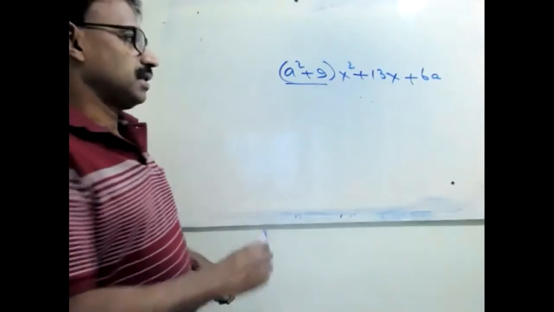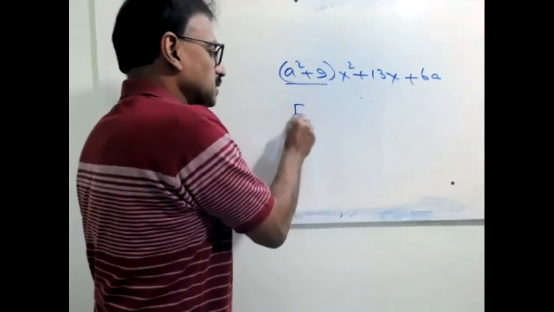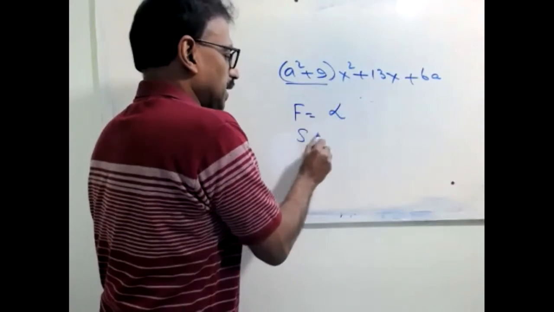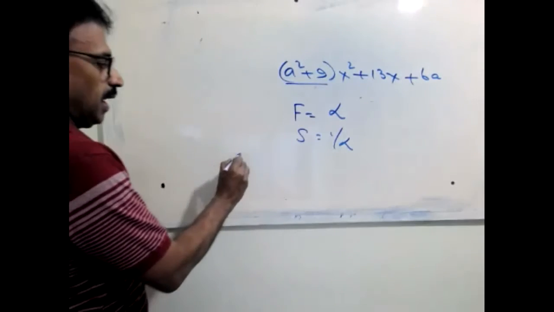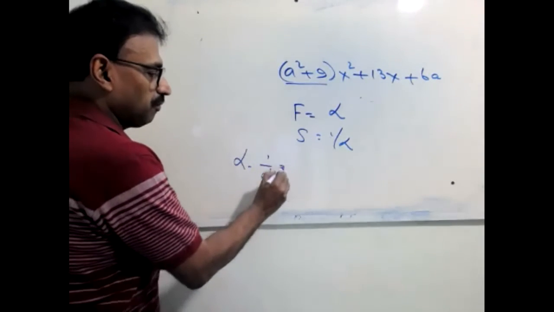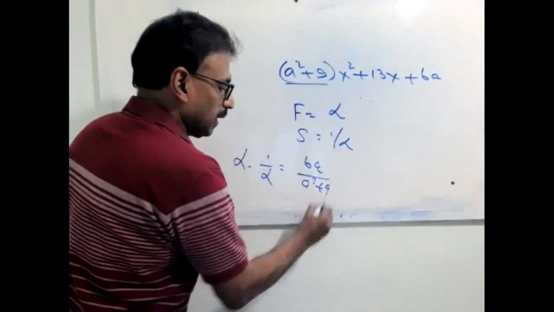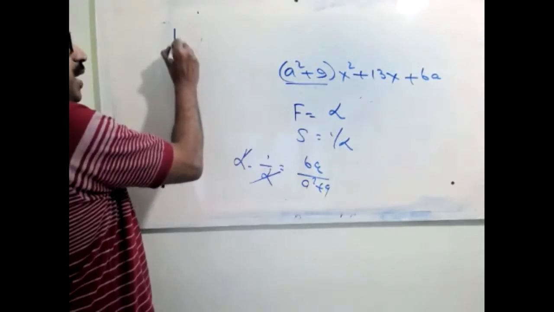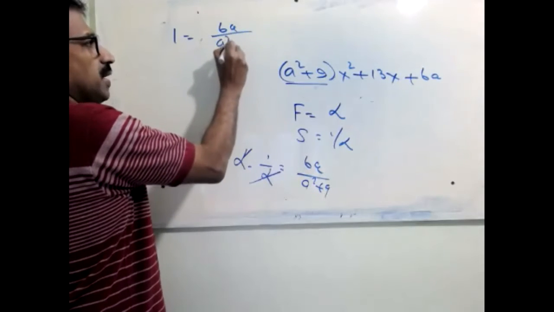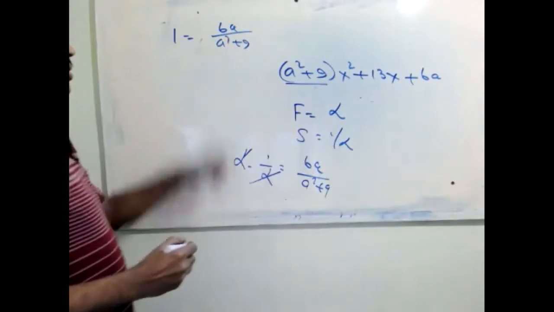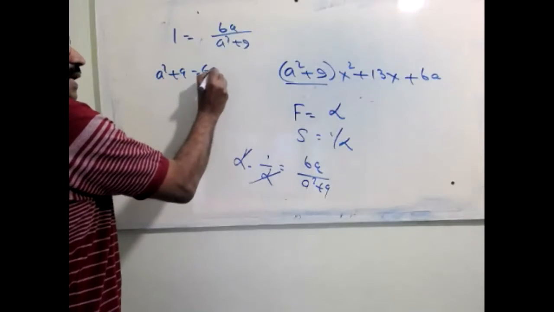Okay, now look here. Reciprocal means what? First is alpha, second is 1 by alpha. Then alpha into 1 by alpha equals 6a by a square plus 9. Alpha cancels, so 1 equals 6a by a square plus 9. Cross multiply: a square plus 9 equals 6a.